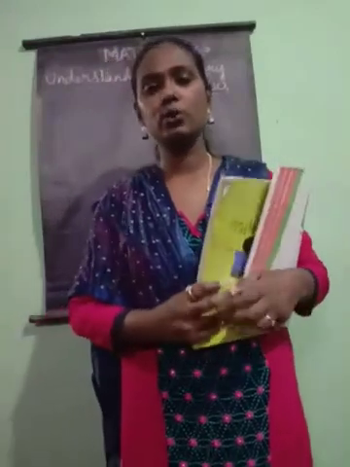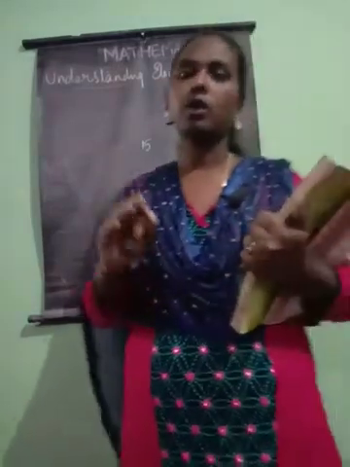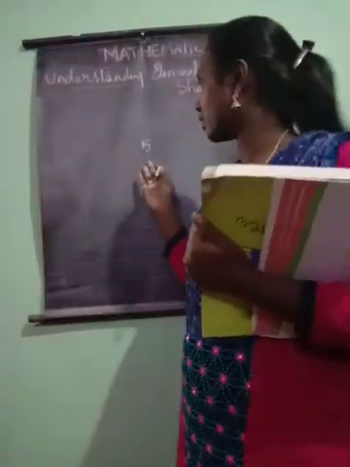I'll show you in the figure. This is the ruler and this is the divider. The ruler you are using consists of 15 centimeters, right? How many centimeters? 15 centimeters.